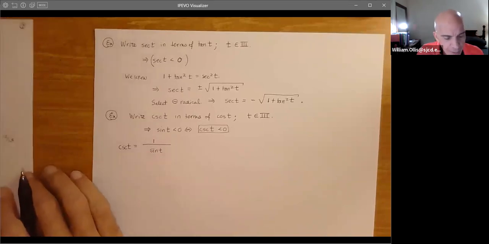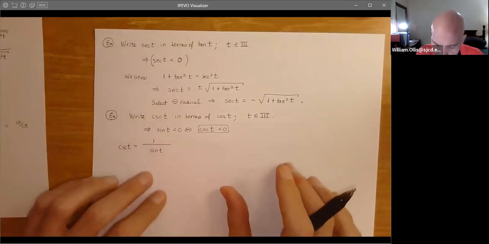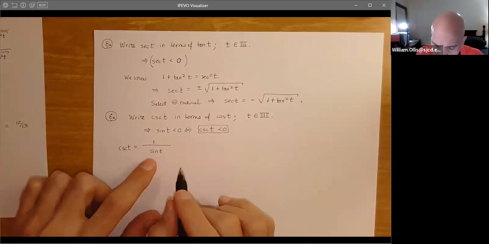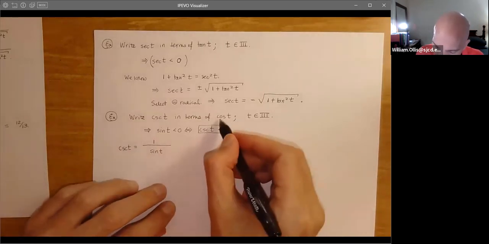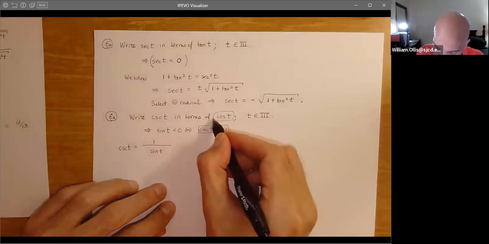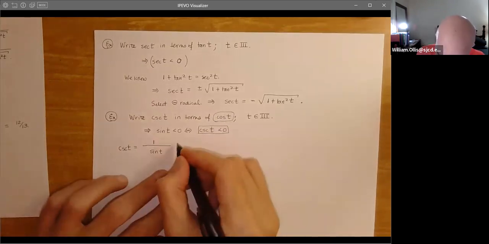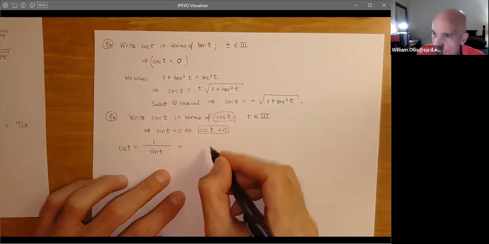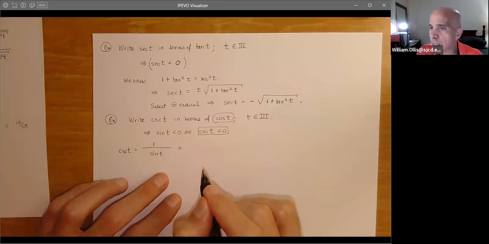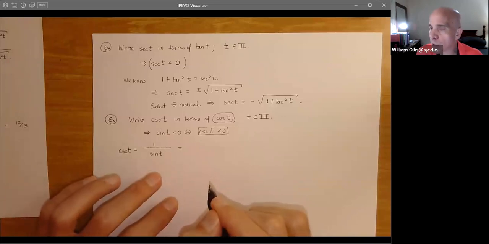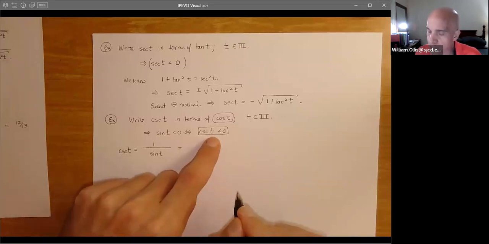Now, we need to make sure that we have a negative. This is fine, but we want to write in terms of cosine t. So here's the next step. We'll write the absolute value of sine t as the square root of the square, and then affix the negative sign here.